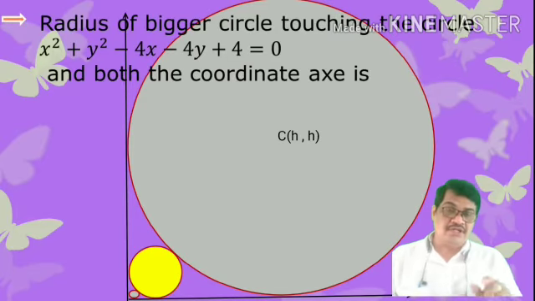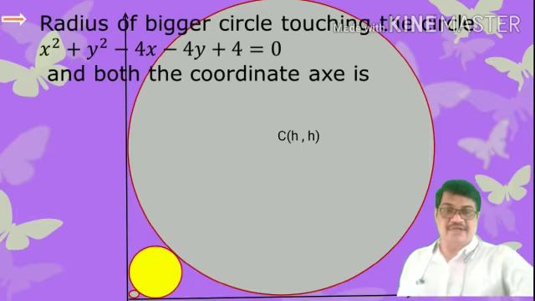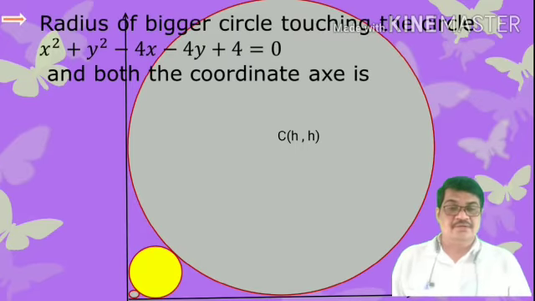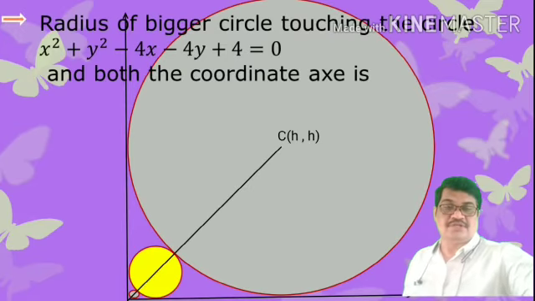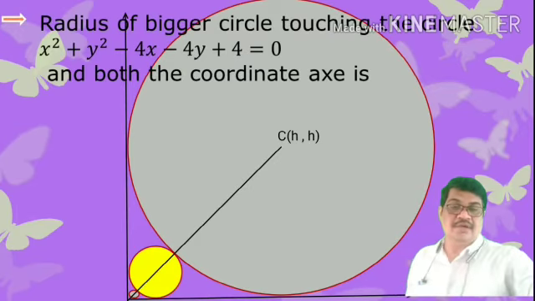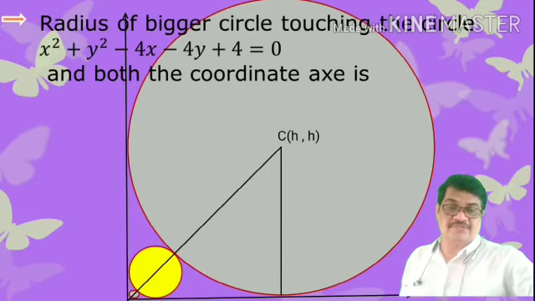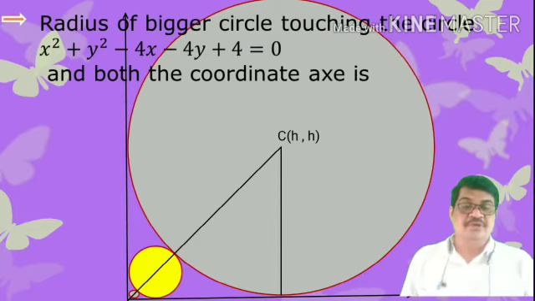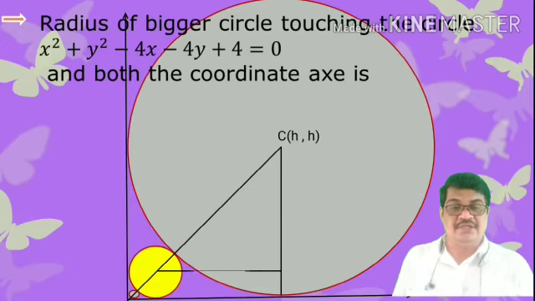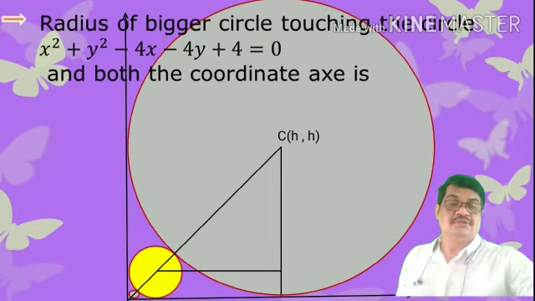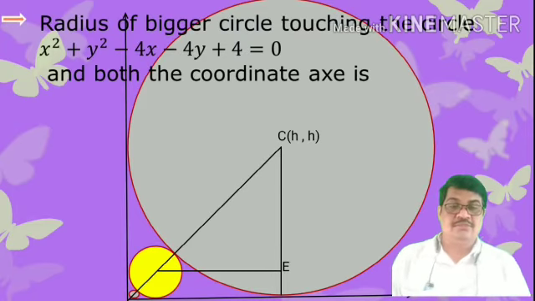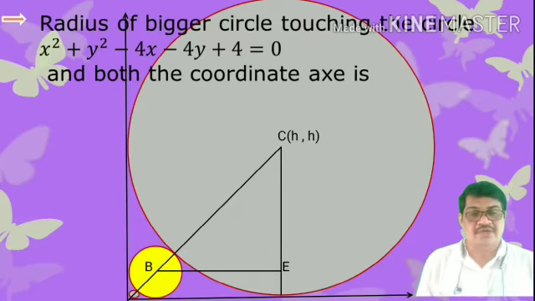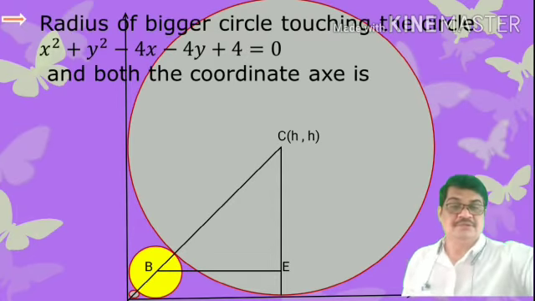Assume that the largest circle's center is taken as h comma h. Now draw the center to the origin and draw the perpendicular from the center onto the x-axis. Now we are drawing a line from the center parallel to the x-axis, that is the BE line.